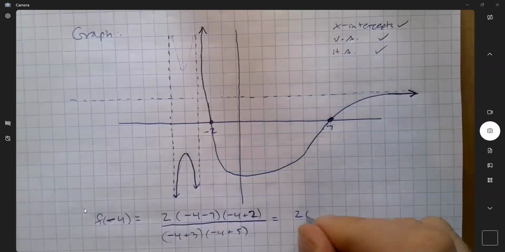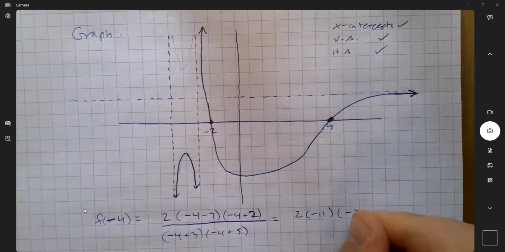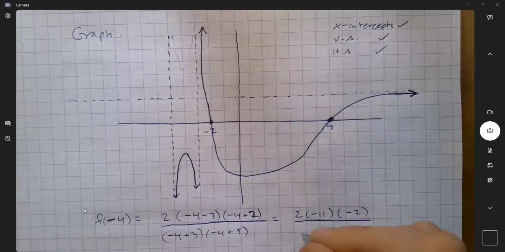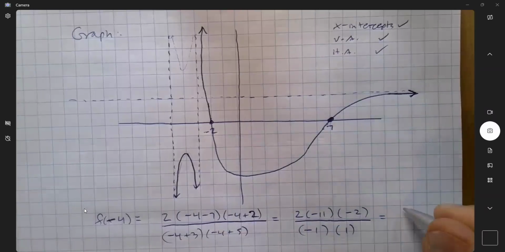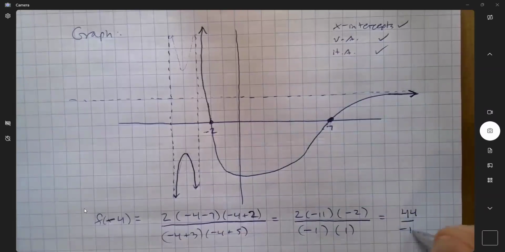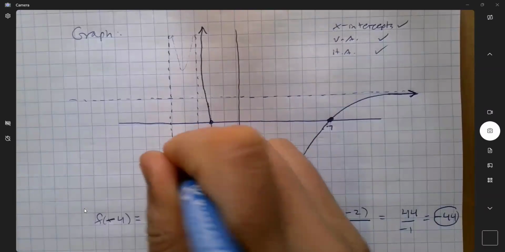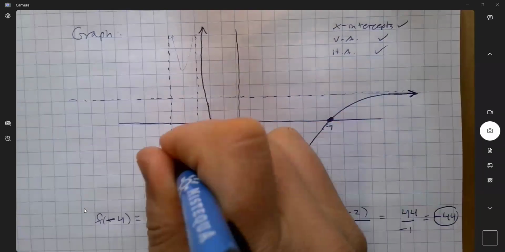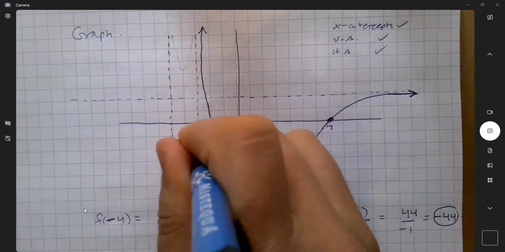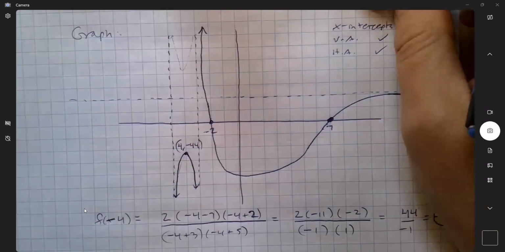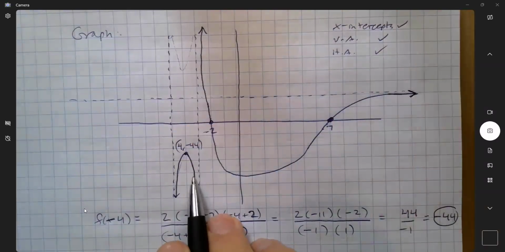So that's going to be 2 times -11 times -2 all divided by -1 times +1, which is 44 over -1, which is -44. That's a negative number, which means I have to be in the negative part of my y values, the point (-4, -44). So you can either memorize the rule or you can test a point.